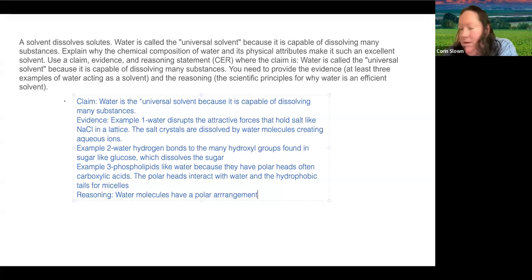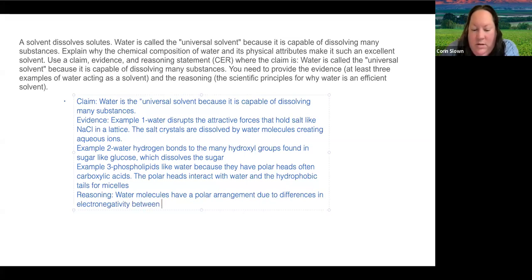So this is due to differences, oh, I've got 3 R's there. Sorry about that. Due to differences in electronegativity between oxygen and hydrogen.